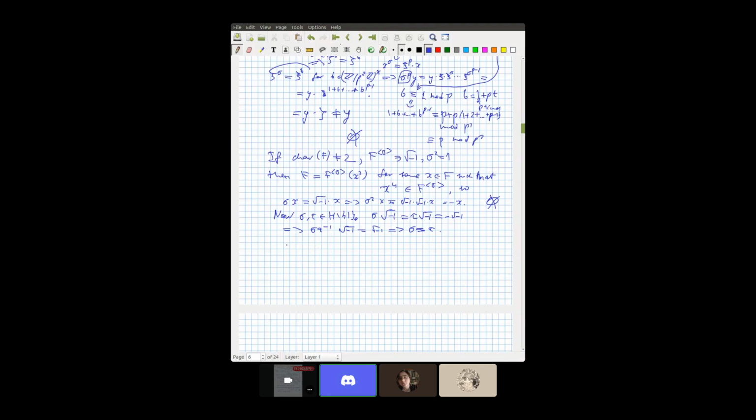And finally, the fixed field F^H is totally ordered when H is non-trivial, meaning of order 2.